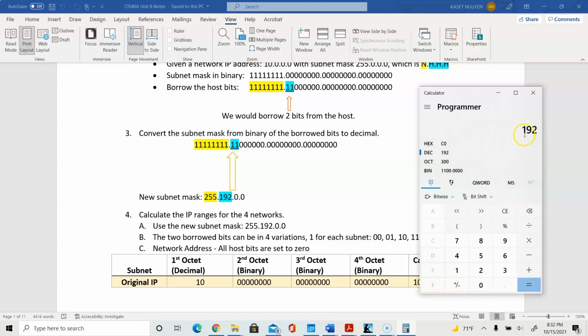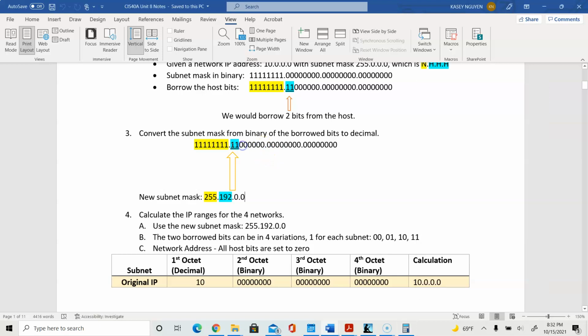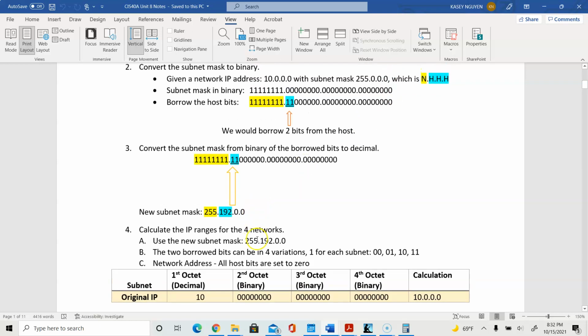And you would see that it's going to be 192. So the second octet will be 192. And then the rest, which is going to be 0. So our new subnet mask is going to be 255.192.0.0. And that has been changed from the Class A subnet mask as we borrow 2 additional bits.